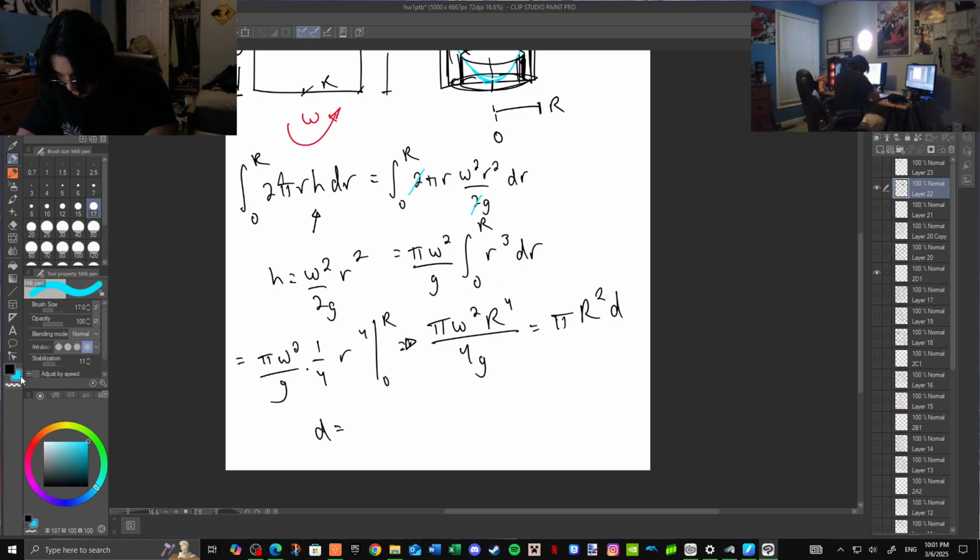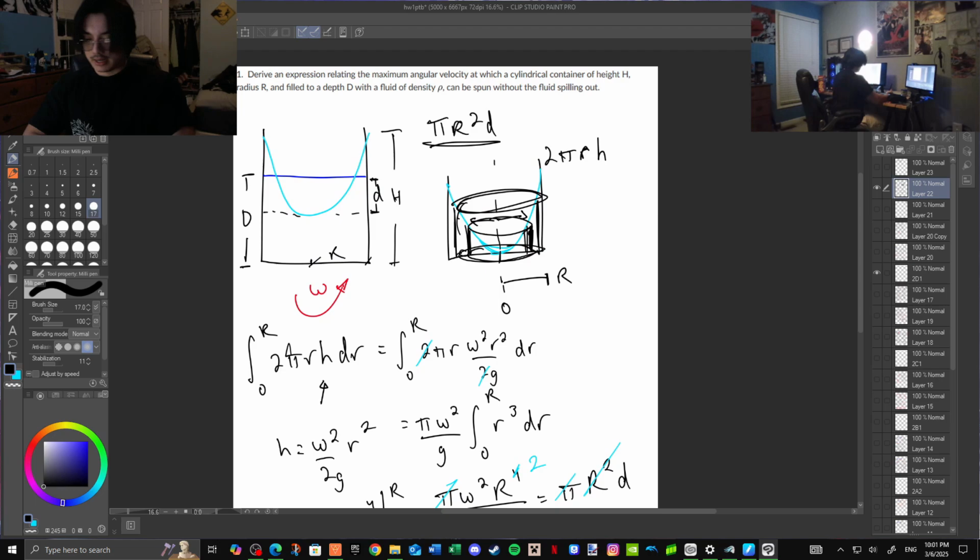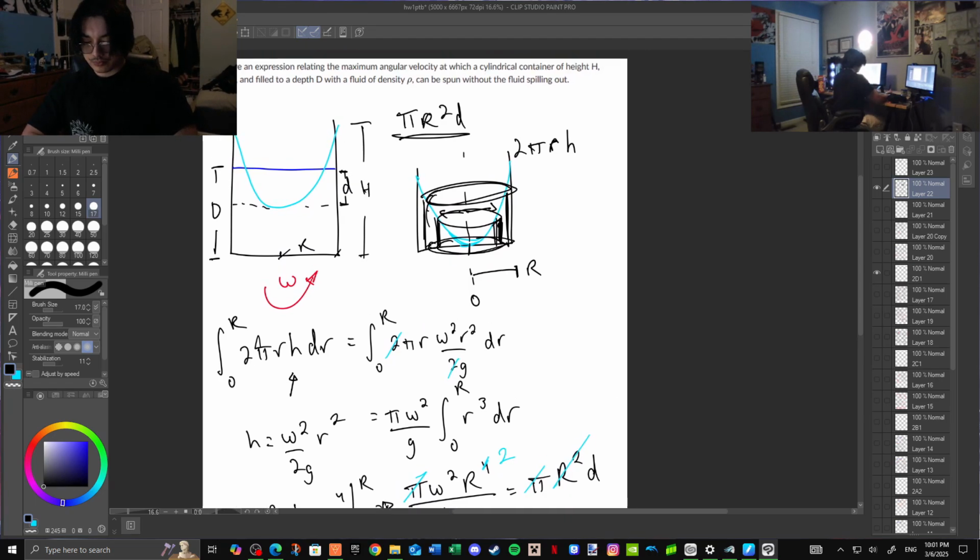Those pi's will cancel out, and this will reduce to 2. So with this, little d will be equal to omega squared big R squared over 4g. This will be the height of this area, right?